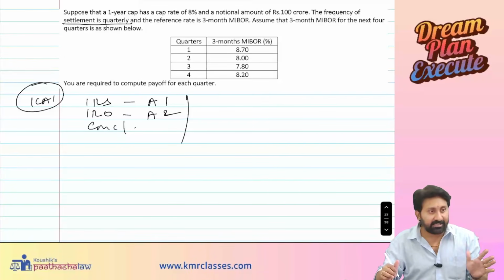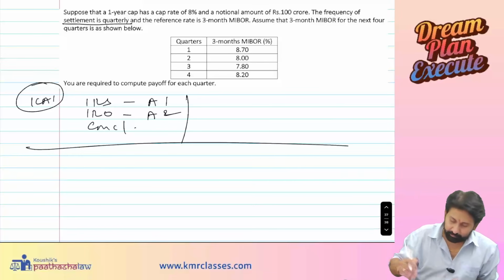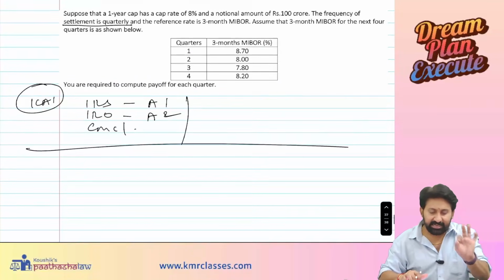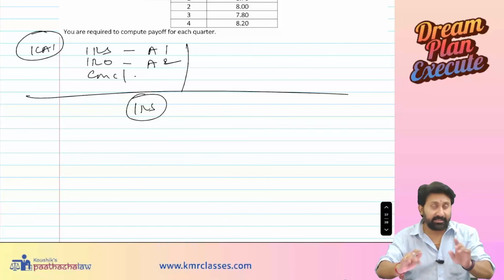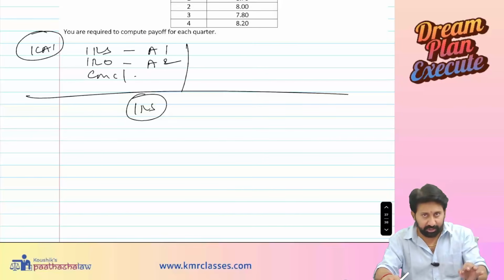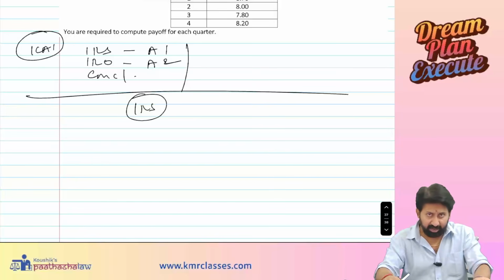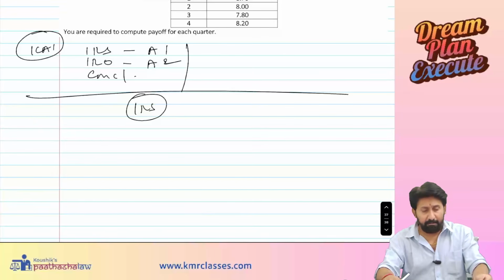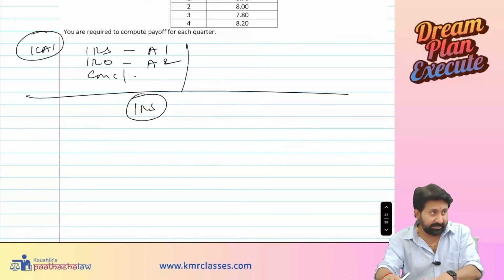Let us first understand what this is, and then we will go into discussion. Okay, see here. First, let us understand how an interest rate swap works on this. I said very clearly at the beginning of this chapter, I am starting with an assumption that students have already completed FRA, completed interest rate swaps, and then they are listening to this.